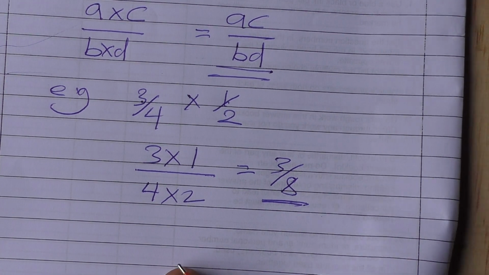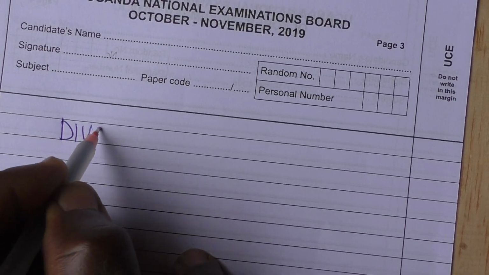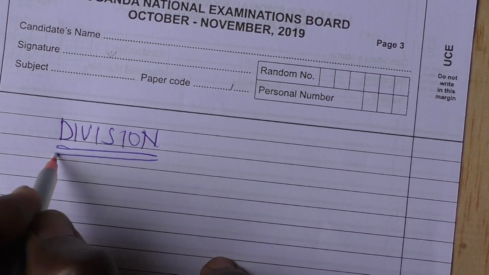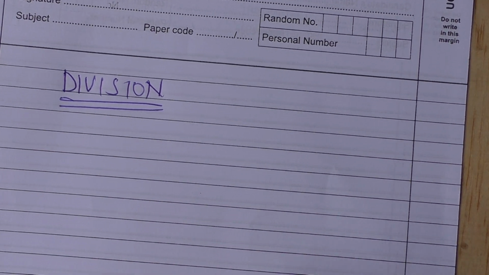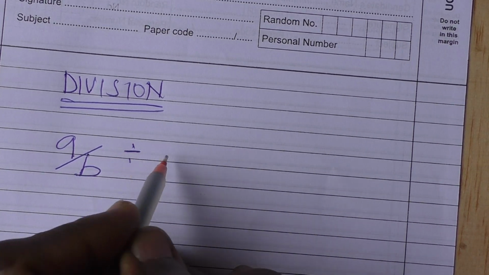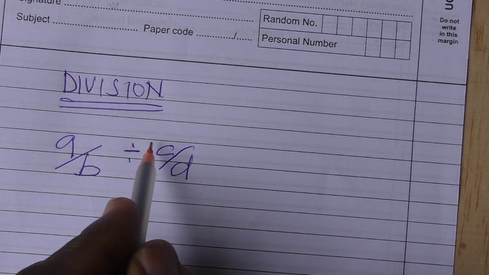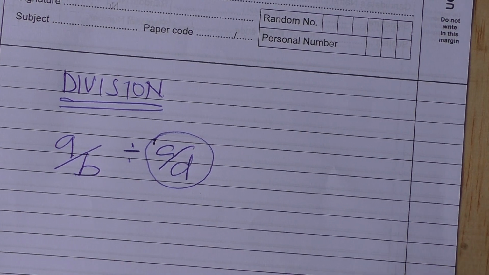Then let us look at division. For division, when we have A over B divided by C over D, we shall change the division to multiplication, but also change the last fraction into its reciprocal.